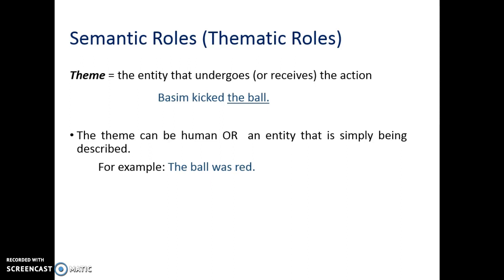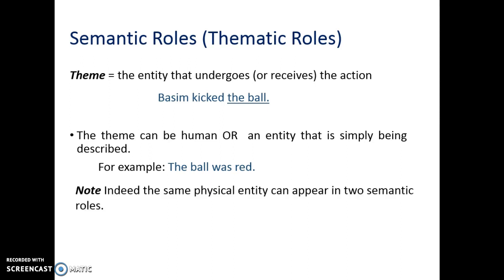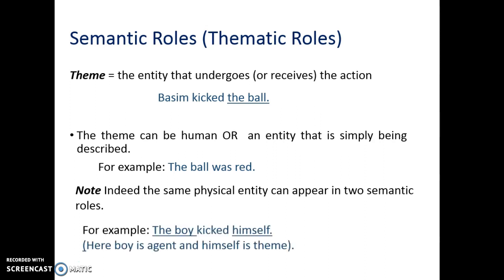What's the theme here? Red. Indeed, the same physical entity can appear in two semantic roles. For example, the boy kicked himself. Here the boy is the agent, himself is the theme.